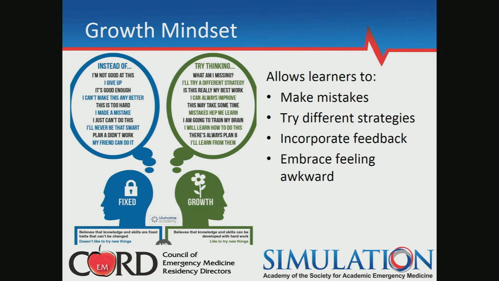I'm pretty sure most people in here have heard of growth versus fixed mindset, but our goal in the simulation is to give our learners the room and the space and the safety to make mistakes, to try out different strategies for teamwork or for communication in a way that is safe, and to embrace that awkward feeling of being on the edge of maybe not quite knowing what to do. And they can only really do this well if they feel that they're respected and they can really inhabit the space of being in a growth mindset.